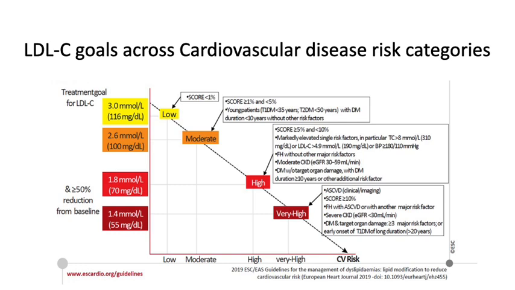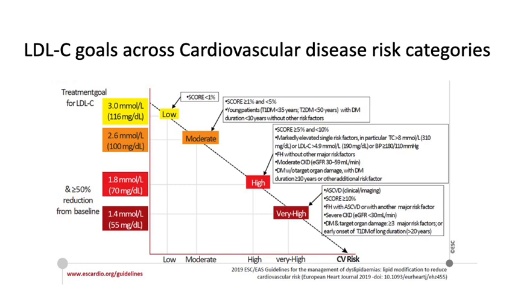Those considered high risk, like patients with familial hypercholesterolemia, those with markedly elevated single risk factors with LDL levels above 190, and those with moderate CKD or DM with target organ damage should target an LDL of 70 milligrams per deciliter.